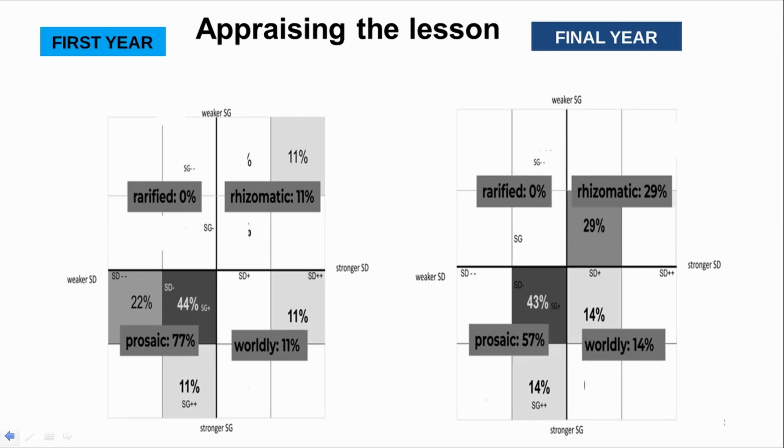But we can see a shift between first year and final year here. And a lot more of these noticings fall into the rhizomatic code, where it's not context dependent. So weaker semantic gravity and stronger semantic density.